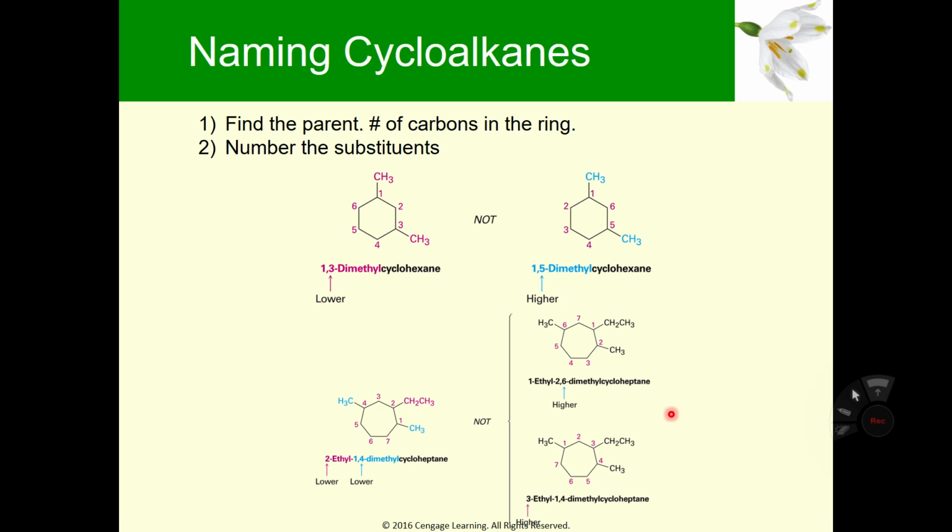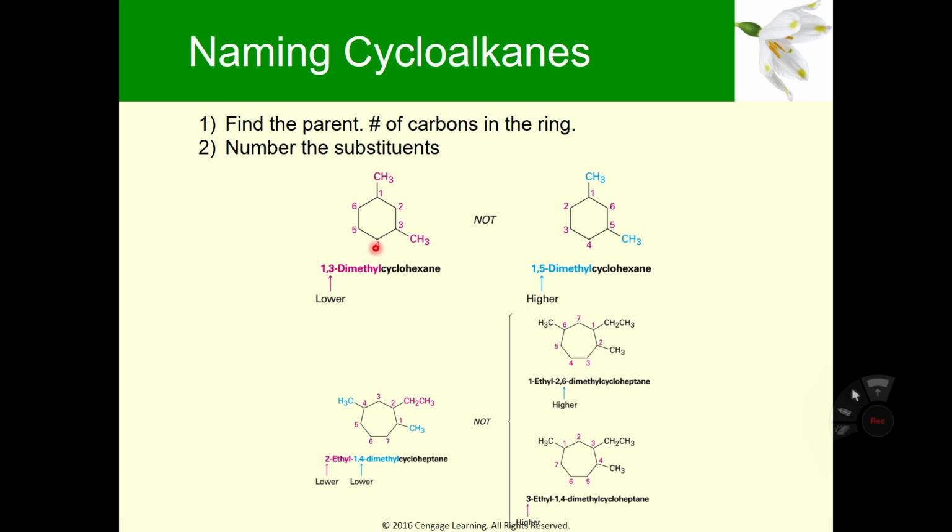The second step is to find out the locant for the substituent, okay? Here, you have a 6-membered ring, you have a methyl group and a methyl group. This is the non-cyclic part, but you have only one carbon in the non-cyclic part. You have 6 carbons in the cyclic part.